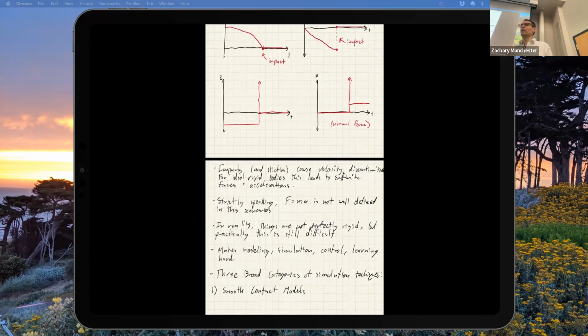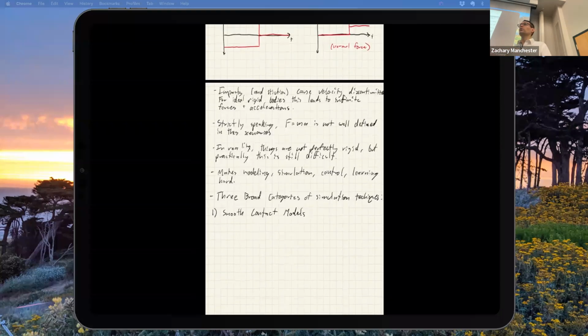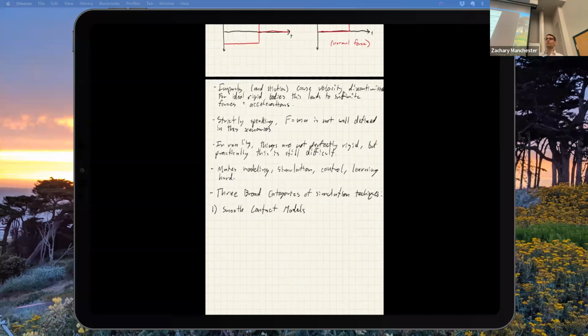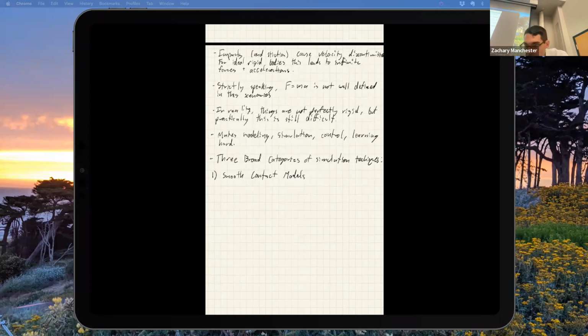You can imagine doing various flavors of spring damper models. The most well-known implementation of this is probably MuJoCo. It uses a slightly fancy smooth contact model based on solving a little optimization problem. You can think about it as a potential function. There are several papers on this from about 10 years ago, but at the end of the day, it's a smooth contact model.